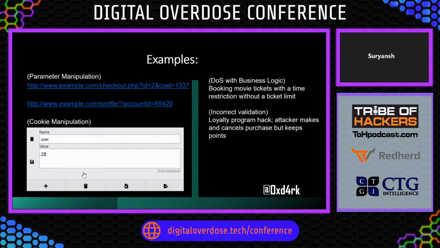For example, if your account ID is 69420 and I change the URL parameter to 69421, I'm going to be able to look at the sensitive data of the user under 69421, and an attacker can actually exploit this vulnerability and get an entire credential dump or find out the entire admin credentials by maybe changing the ID to something like 0 or 1 in order to gain administrative access.